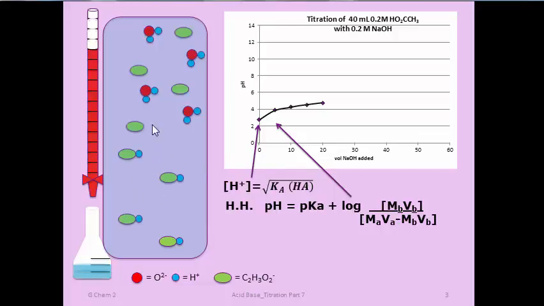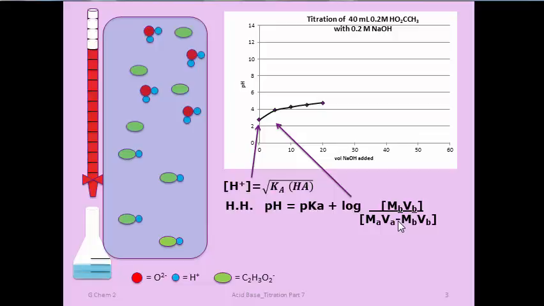And this is a unique situation right here where I've added the same equivalence of base as I have weak acid left over. So as I've got it drawn here in this picture, it's 4 to 4. In that case, the concentration of the base that's created and the concentration of the acid are the same thing.